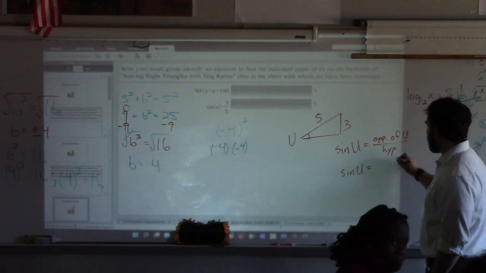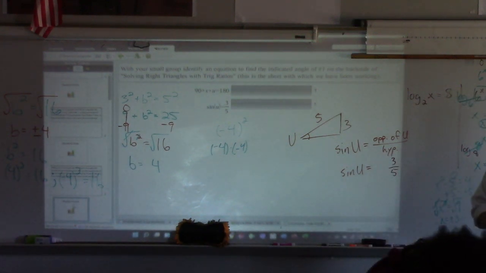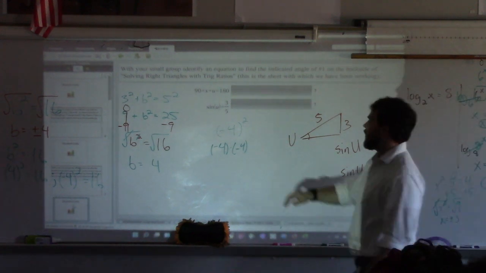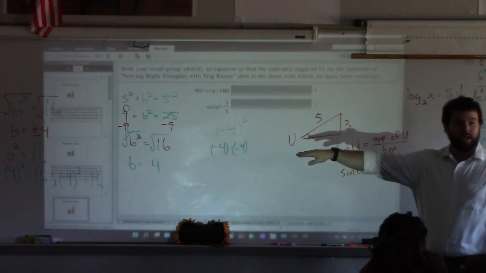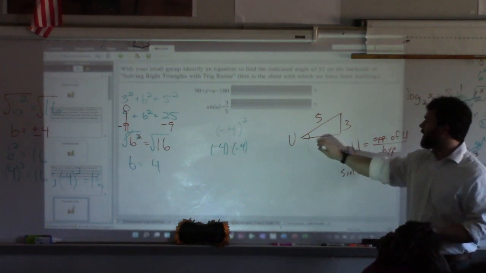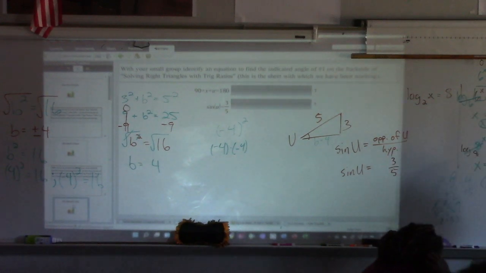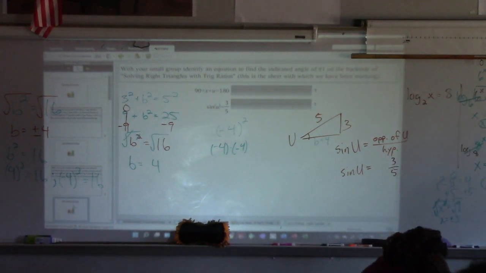What am I trying to solve? So remember, Matthew, the previous problem, we were trying to find the missing side length. That's when we use the Pythagorean theorem. We already know that b is 4 now, right? What am I trying to solve for? The angle measure of u.